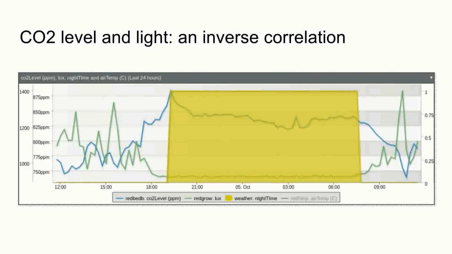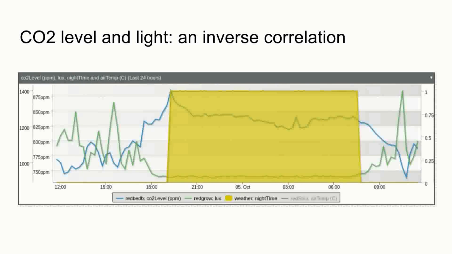This is a graph from my greenhouse. This is the data I've collected. The green lines show the light levels. During the day, it fluctuates quite a bit, but at nighttime, the area highlighted in yellow, light levels drop to very, very low.